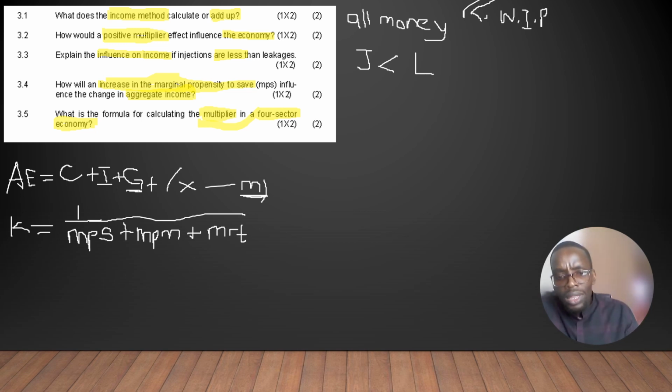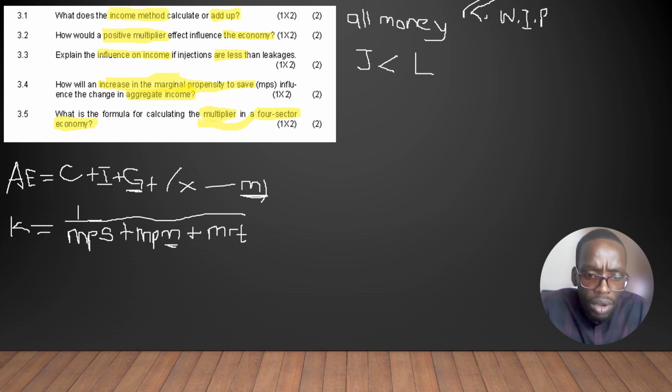So this is how we calculate it. Why is this one for an open economy? It is because it involves the imports. It involves this MPM, the marginal propensity to import. Because it's marginal propensity to import, it involves the foreign sector. So you need to remember the formula for a 4-sector model. It's very important.